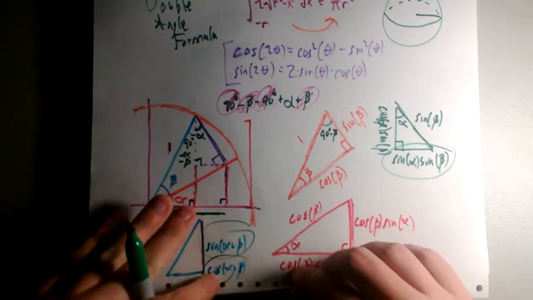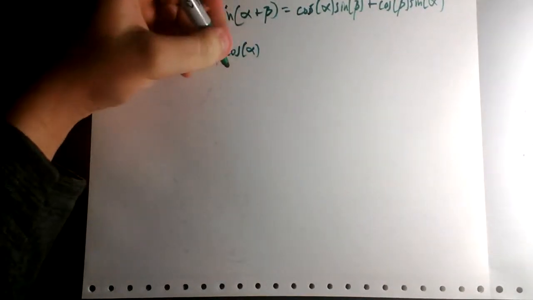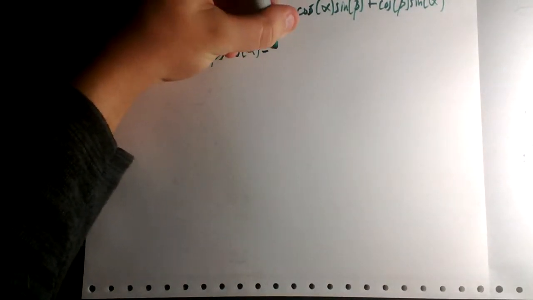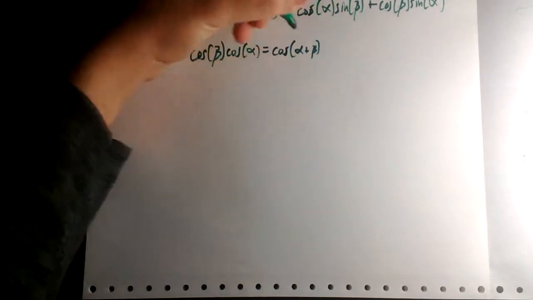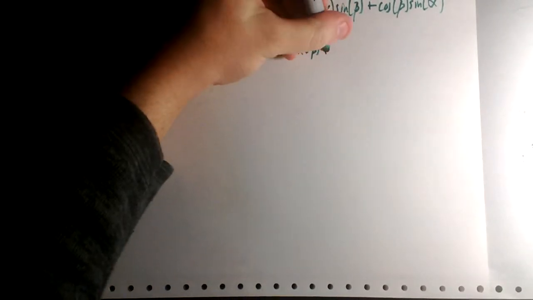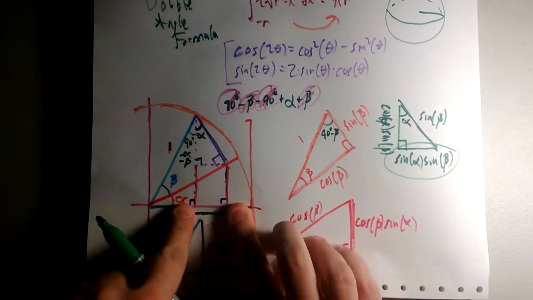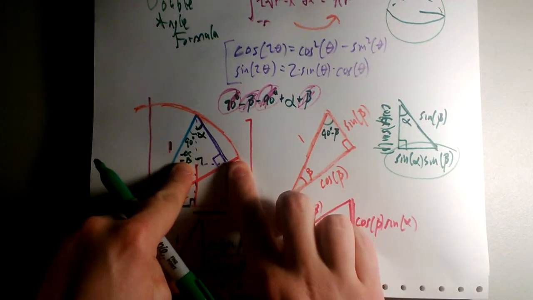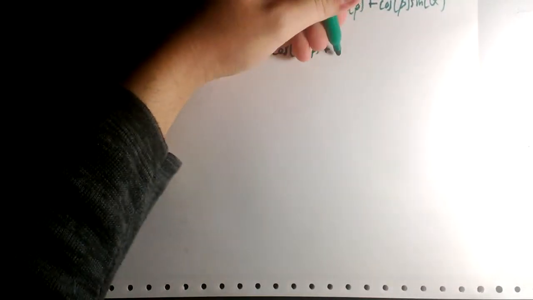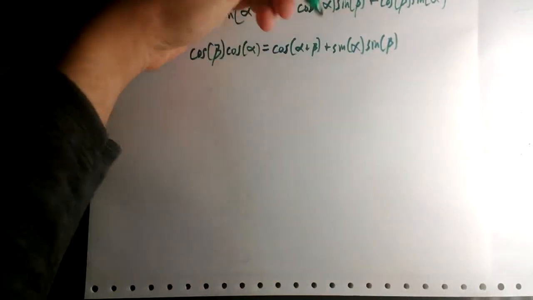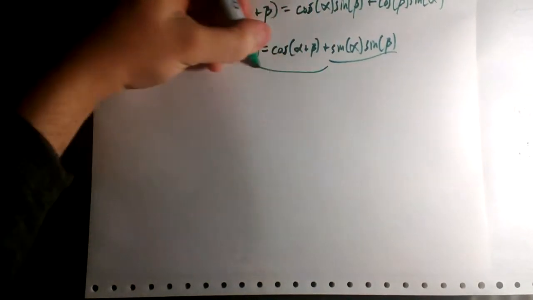So it's cosine of alpha plus beta, plus this length right here. Ooh, look at that. That mirrored sine alpha, sine beta. That's so awesome. Sine alpha, sine beta. Alright, let's subtract this piece to that side.